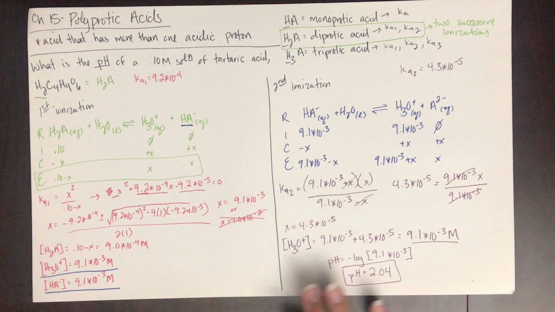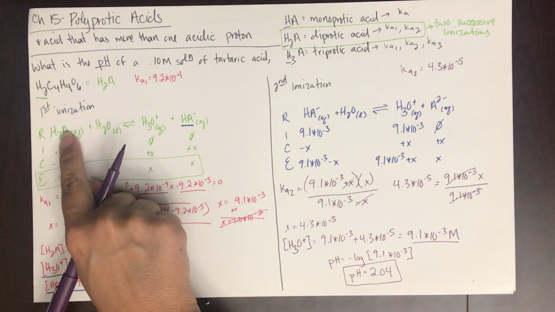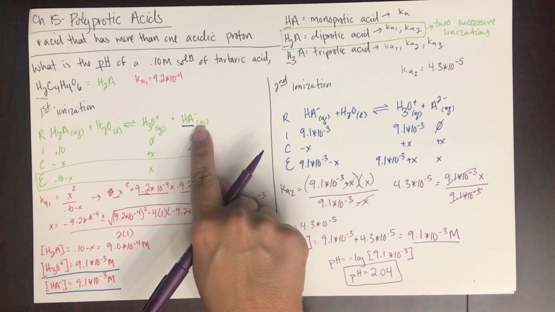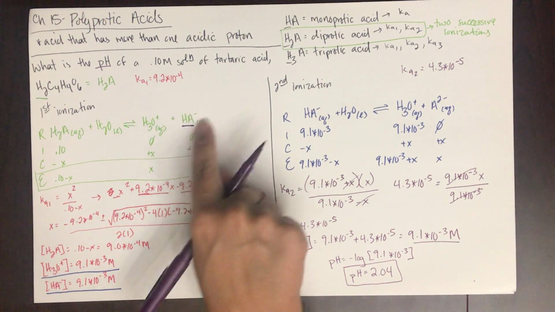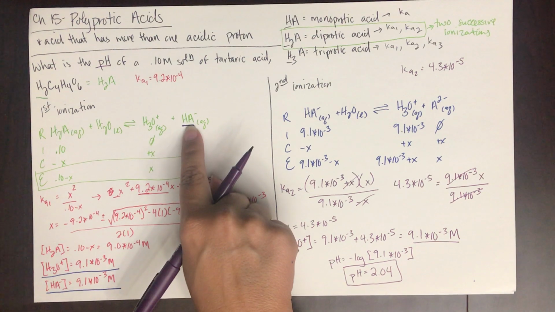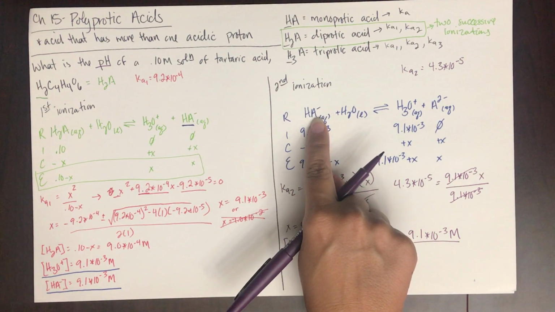So the key to this are the successive ionizations. This is the first ionization. H2A is going to lose one hydrogen and become HA minus. The second ionization, what you ended with as a product in your first ionization, becomes a reactant as your second ionization.